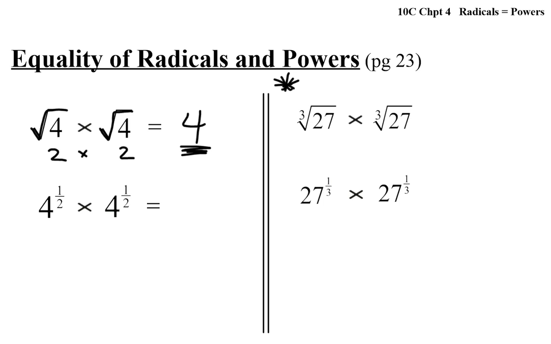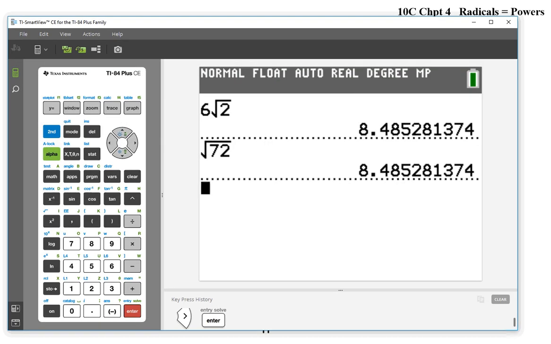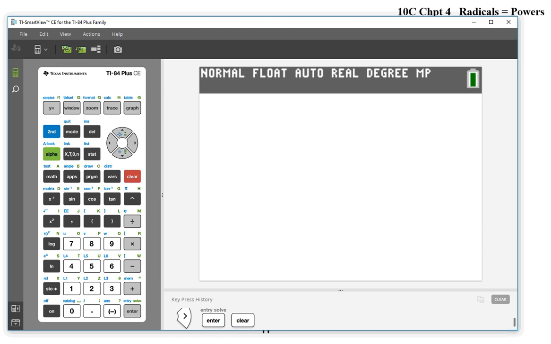Well, if I do 4 to the 1/2, all right, I'm going to pull up my calculator, and I'm going to do 4 exponent 1/2 to see what my answer is. So if you recall, on the calculator, 4 is my base. This little arrow is going to be my exponent. And I want to punch in an exponent of a fraction.